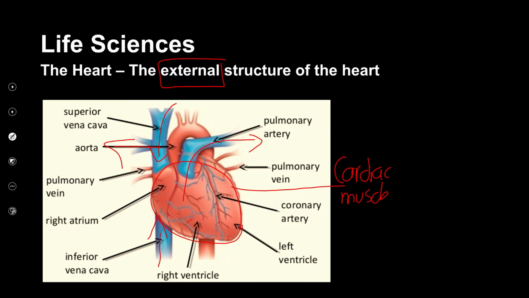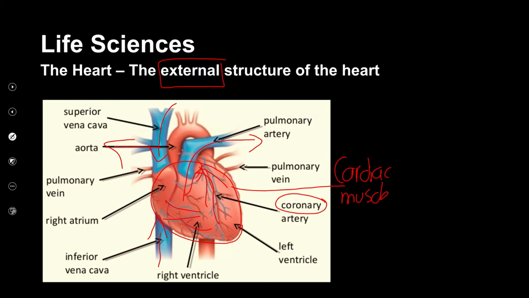We also tend to forget the heart itself is a living tissue, and it needs its own blood supply. Very often what we mean by coronary, if you have a coronary attack or heart attack, that means the heart.